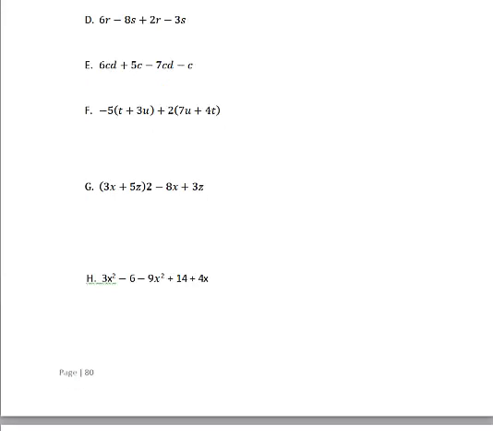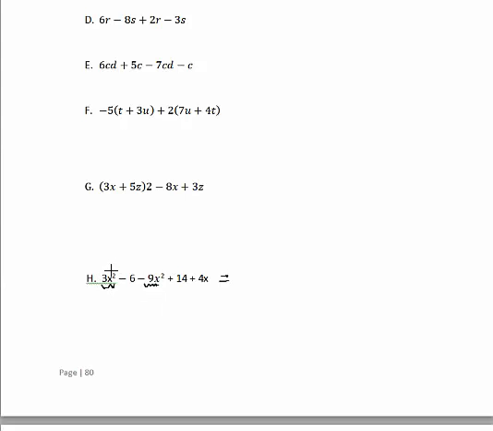Oh, we had another example. We have h. So let's work this one, and then we'll be finished with example 1. Here we have some exponents, and so there is an x squared term, and so here we have another x squared term.